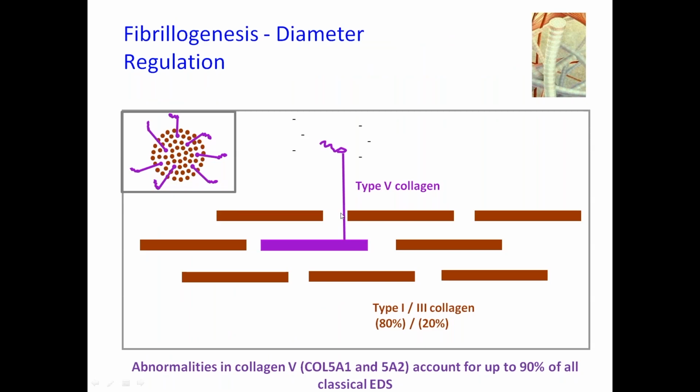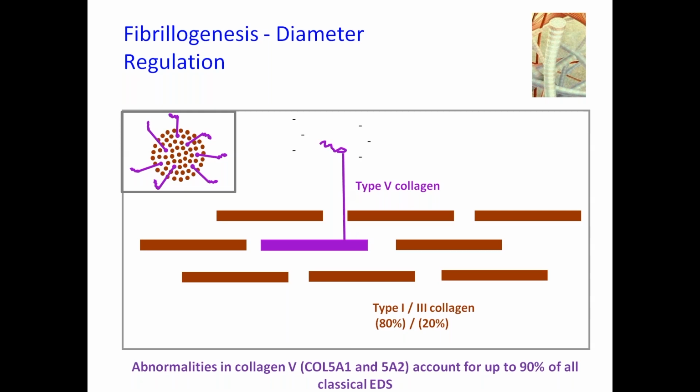We're now looking at it long ways on, whereas here it's looking end on. So we've got this type 5 collagen sitting within the other collagens, which are called type 1 and 3 in the skin. And this type 5 collagen has a business end that stands out. This is the amino acid end. And it helps control how much collagen is laid down in each fibril, so it's nice and regulated.